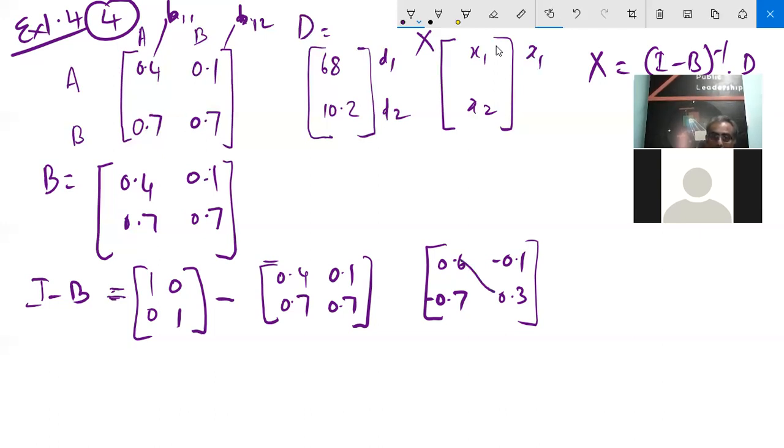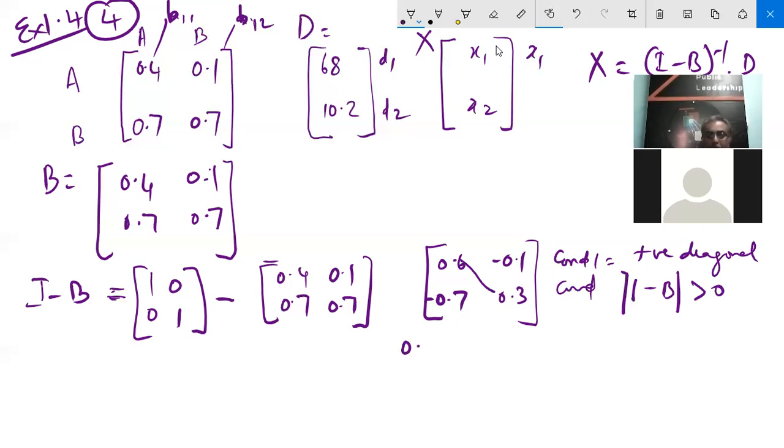Condition 1 means all diagonal entries are positive. Second condition is, determinant of I minus B must be greater than 0. Let us see that. That is 0.6 into 0.3 minus 0.7 into minus 0.1.